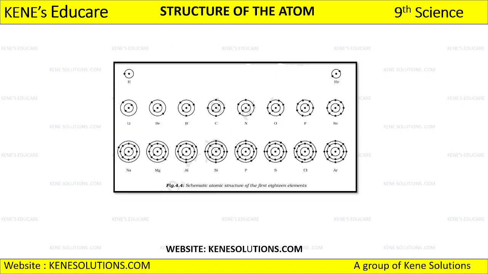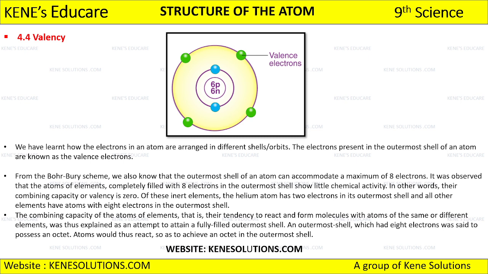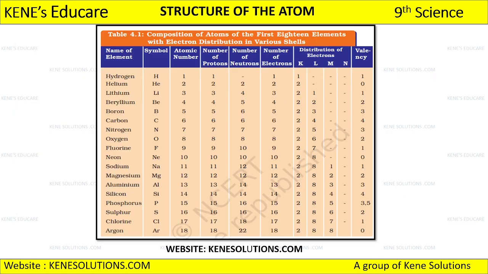After that, we'll discuss valency in detail, because we need to study it as well. The number of electrons present in the outermost shell is the valency of an atom. So we'll discuss that in detail.